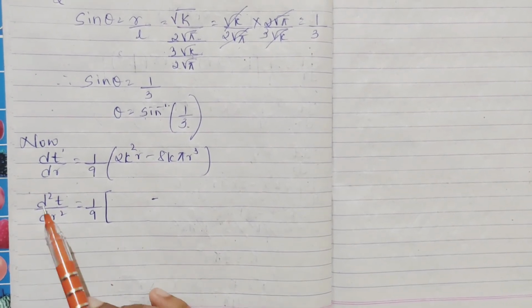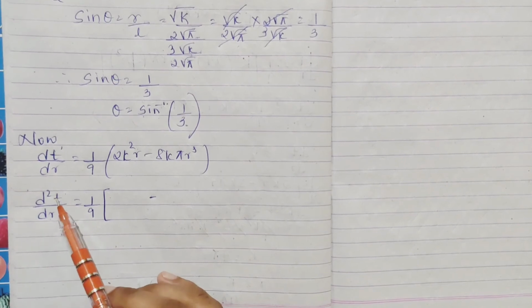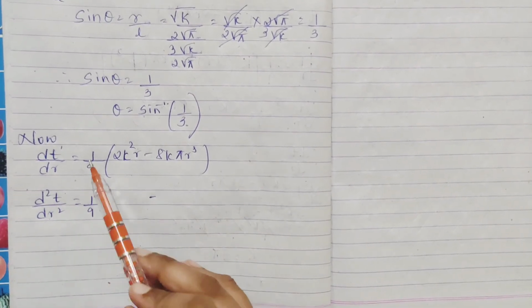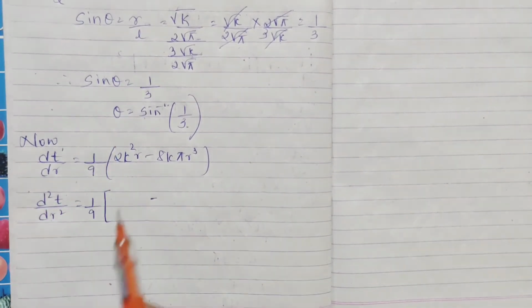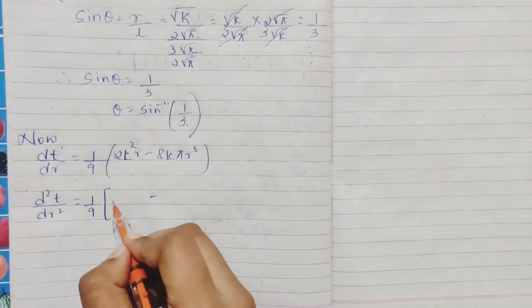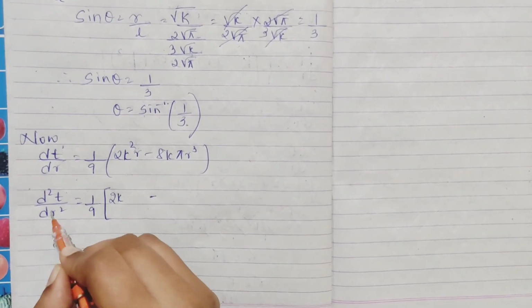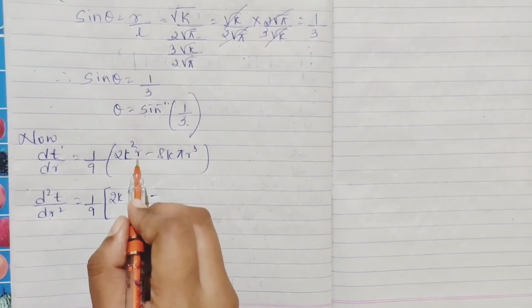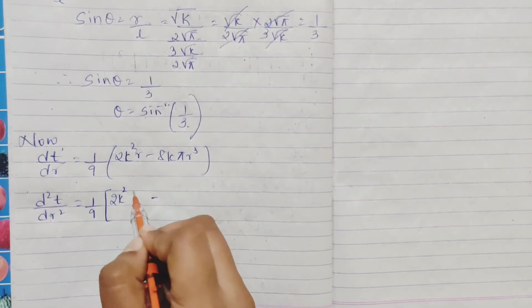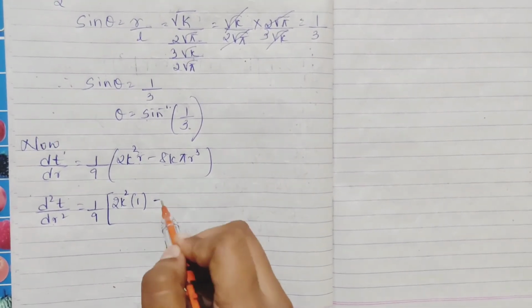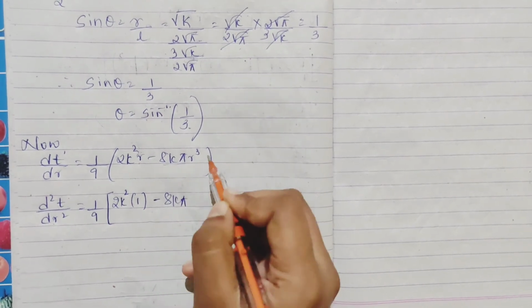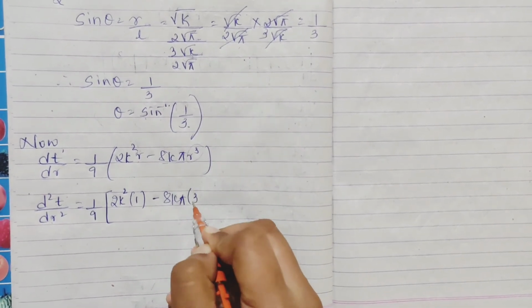So d2V by dr square: keep your 1 by 9 as it is because it is constant. Differentiating 2k square r with respect to r, only r is differentiated, which is 1, minus keep 2k pi as it is, differentiating r cube you will get 3r square, right?